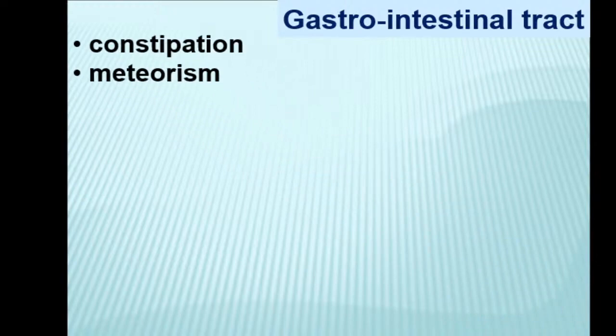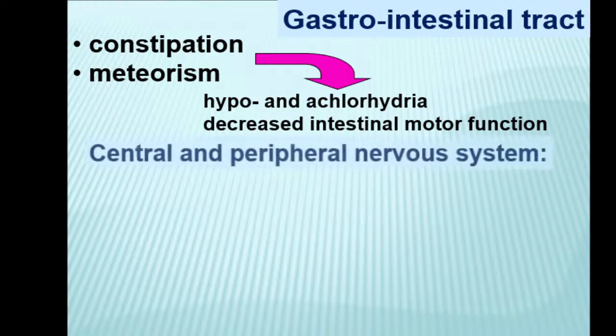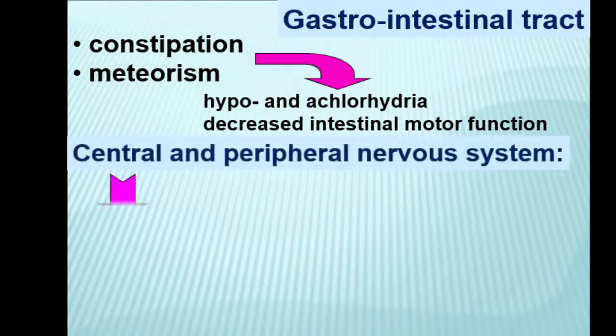In the gastrointestinal tract, due to low activity, the patient is predisposed to constipation, meteorism, obesity. Function of the glands decreases, but due to slow movements, all food is slowly digested and absorbed. The patient is predisposed to obesity.